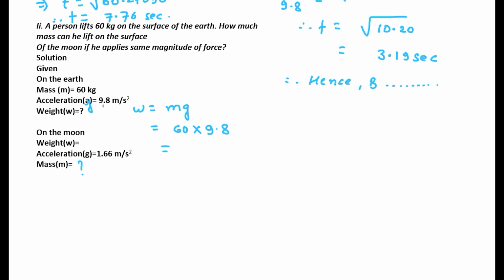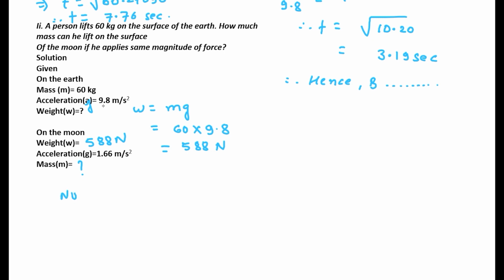So 60 into 9.8 is 588. The unit of weight is Newton. So the weight is 588 Newton.